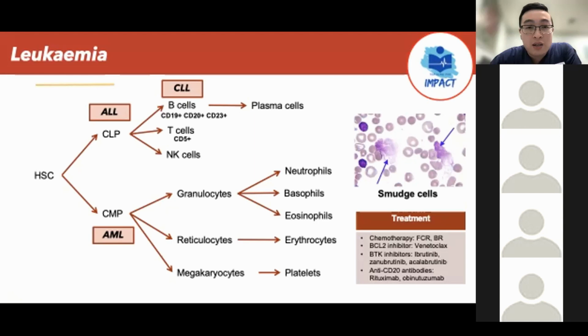I think the thing to know about CLL is that if you have a CLL patient that has anemia, the anemia could be from CLL infiltration of the bone marrow, so crowding out of the bone marrow so that red blood cells can't form, or it can be due to a secondary autoimmune hemolytic anemia.